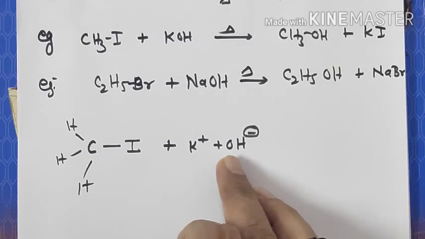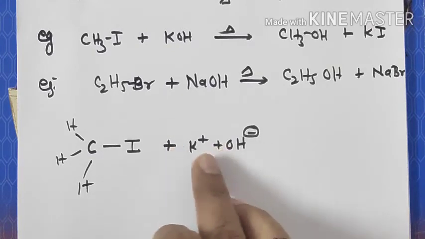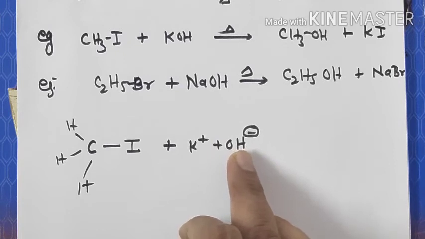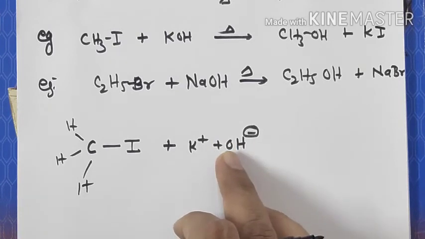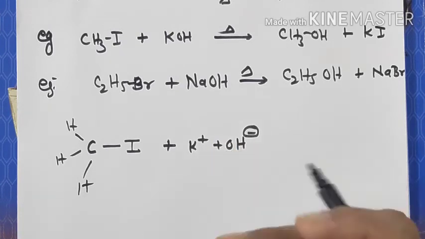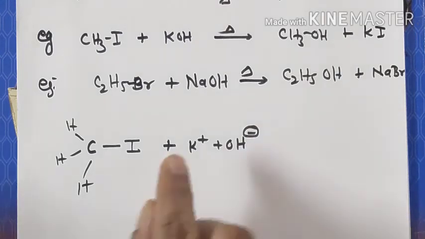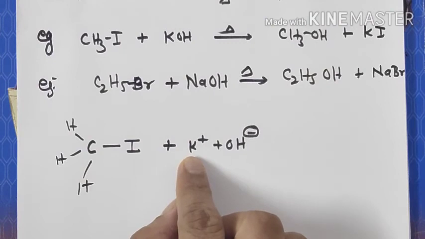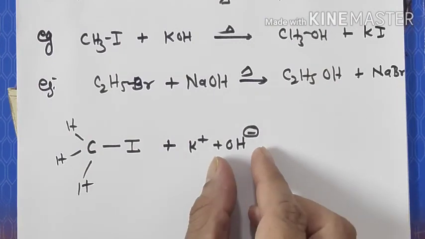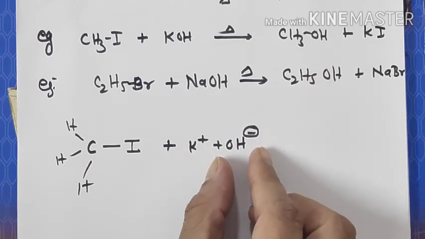But here OH minus has acquired a negative charge. It is carrying the burden of the 2 electrons which were given by K plus. So the life is not that simple for OH minus.